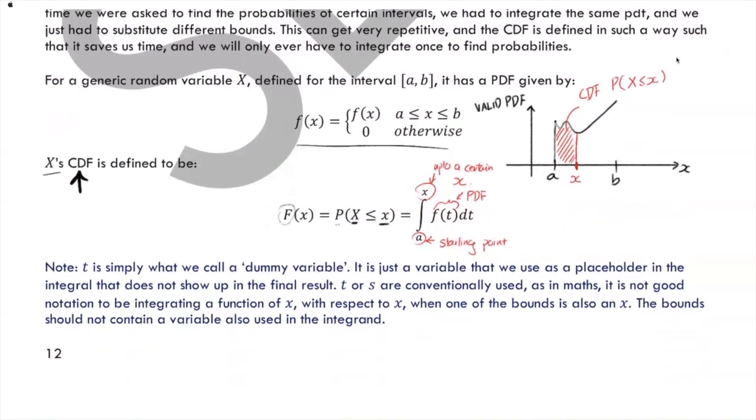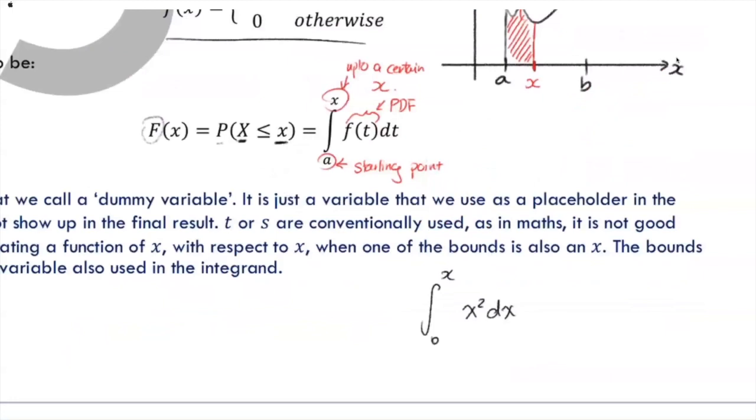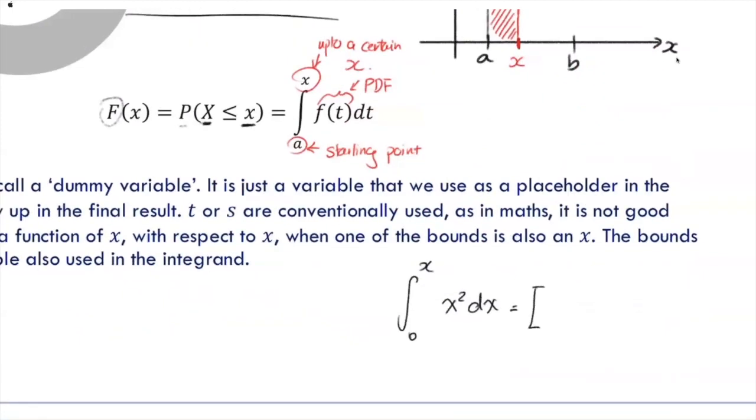Technically, I'm never supposed to write, let's say I have the integral from 0 to x of x squared dx. Imagine if I was going to integrate that. There's nothing really wrong, I can integrate that. The problem is I'm now about to sub in x into x, which is kind of dodgy.